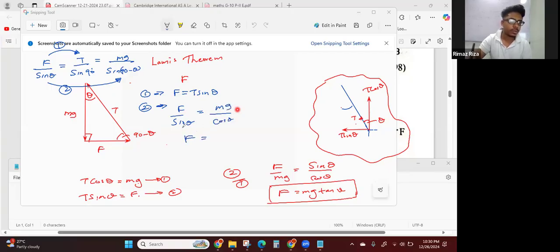So F equals mg times sin theta divided by cos theta, which is mg tan theta. No need for the first relation. Straight away we get F equals mg tan theta.